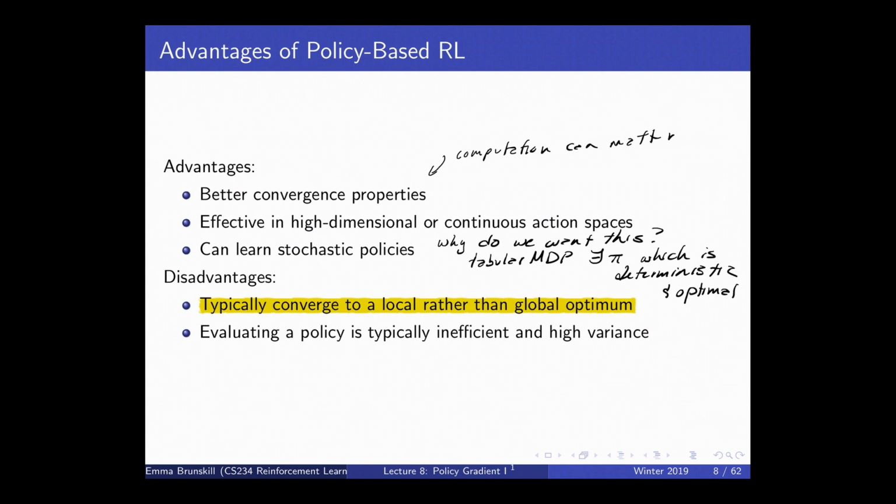So in the tabular MDP setting, we do not need stochastic policies, because there always exists a deterministic policy that has the same value as the optimal policy does. So this is not needed in the tabular Markov decision process case, but we're not always acting in the tabular Markov decision process case.